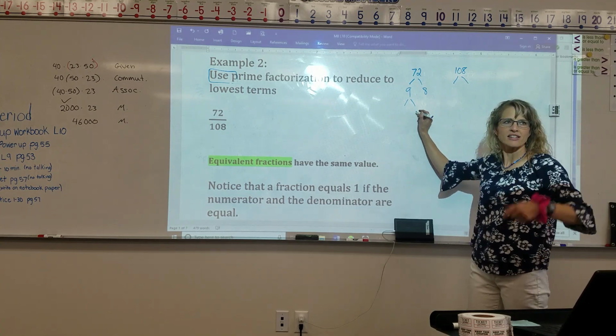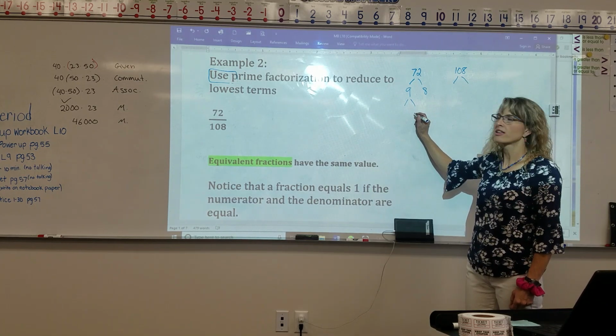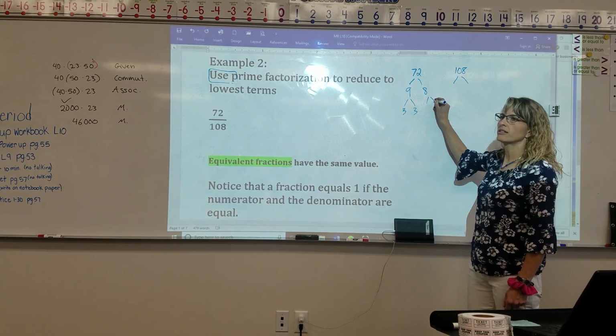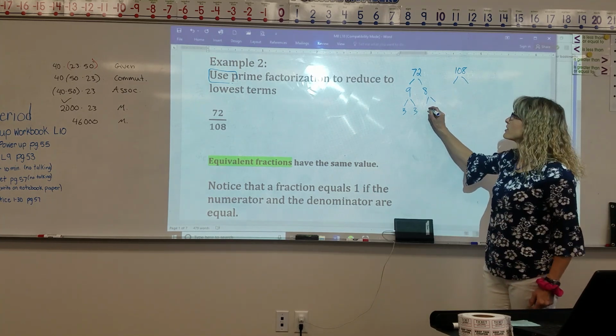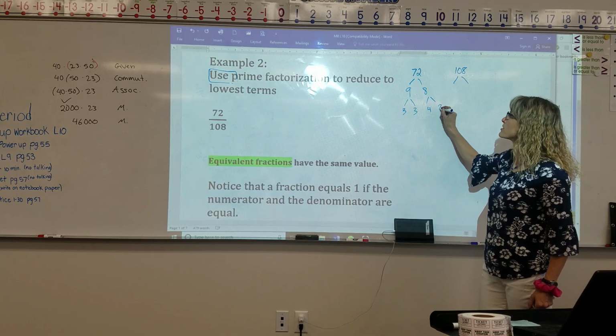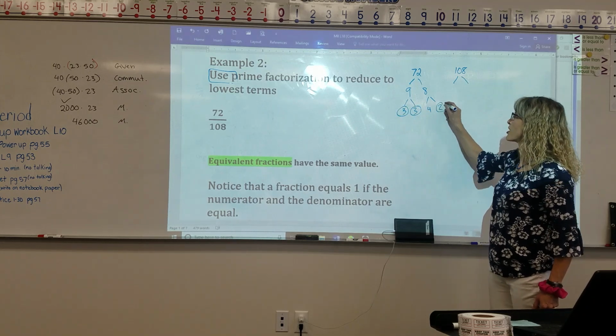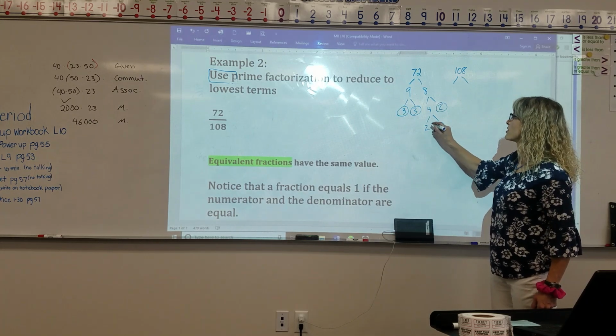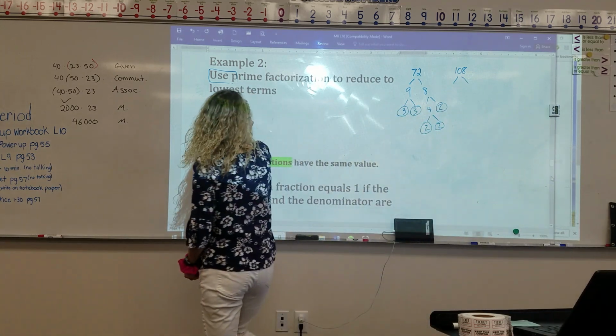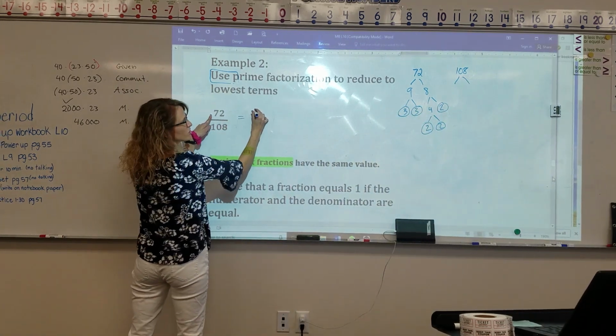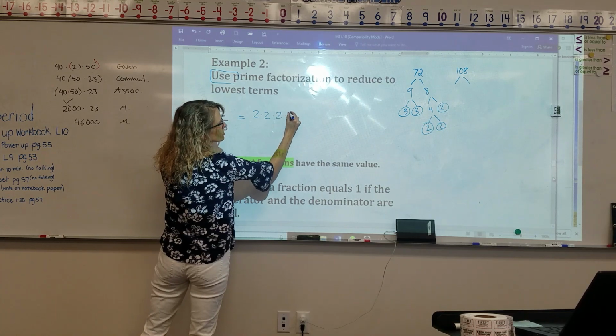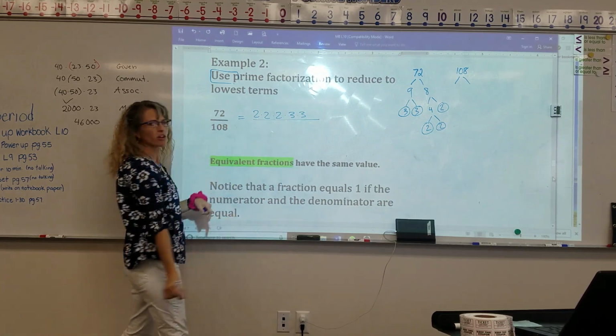The 9's Addison? 3 and 3. 8. Let's go, Annika. 4 and 2. So good. And already I'm seeing prime. Let's do the 4. We know that's 2 and 2. Okay, so my prime factorization for the numerator is 2, 2, 2, 3, 3. I write it all out.